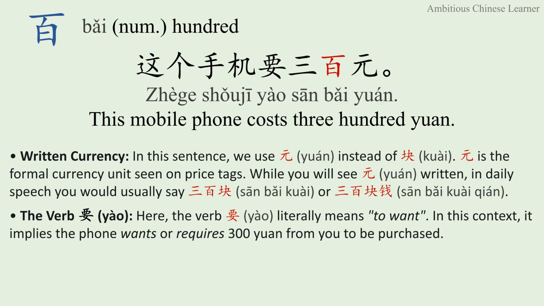While you will see yuan written, in daily speech you would usually say 300 kuai or 300 kuai qian. Here, the verb 要 literally means to want. In this context, it implies the phone wants or requires 300 yuan from you to be purchased.